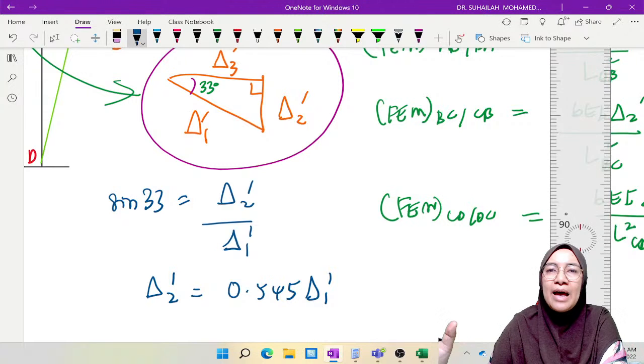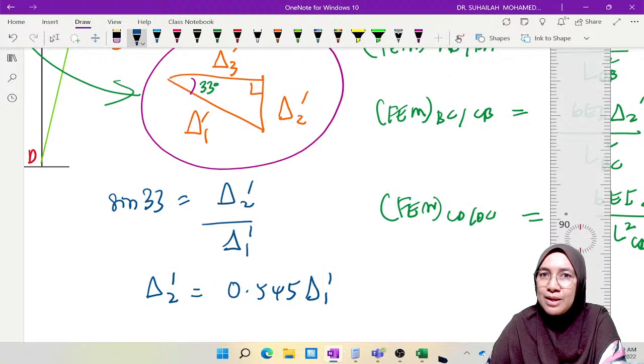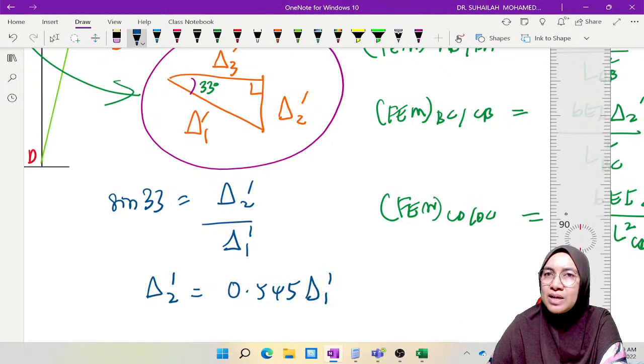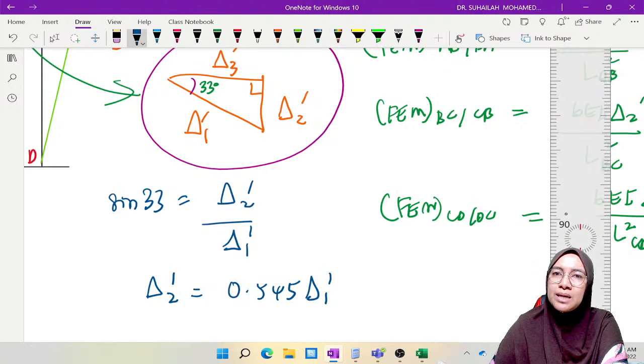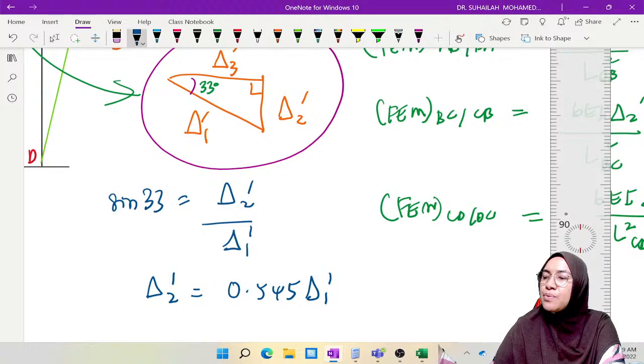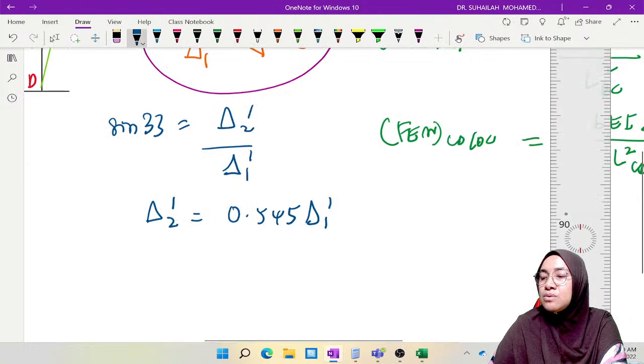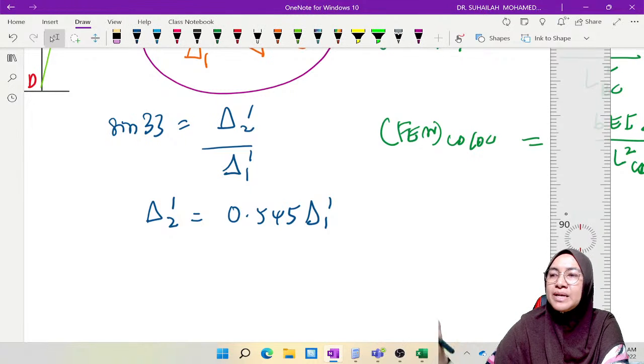So we have to make a relationship like this. It means that we need to identify from the geometry the angle value, then only we can identify the relationship. Once the relationship has been determined, then only we can apply it into the formula. So that will make different values of FEM, depending on the ratio of each of the parameters inside.